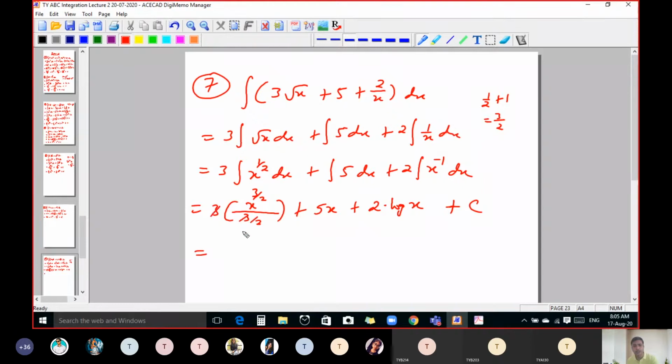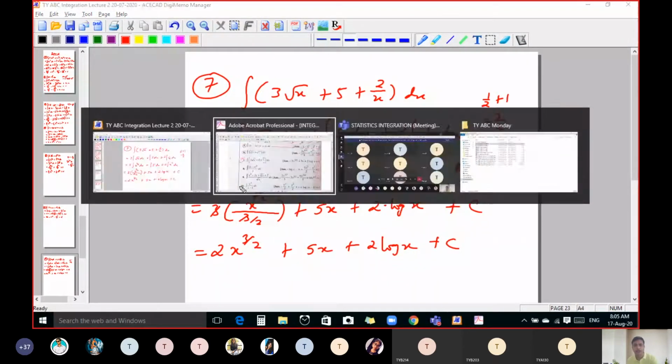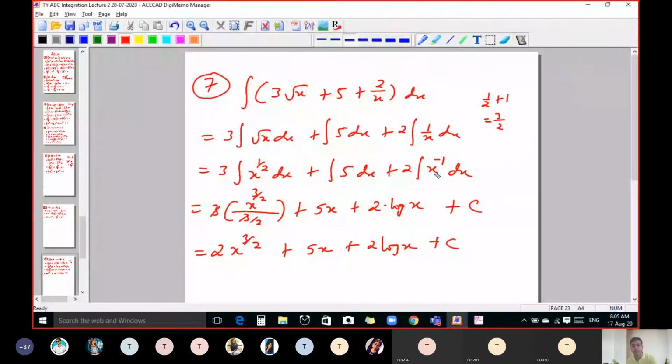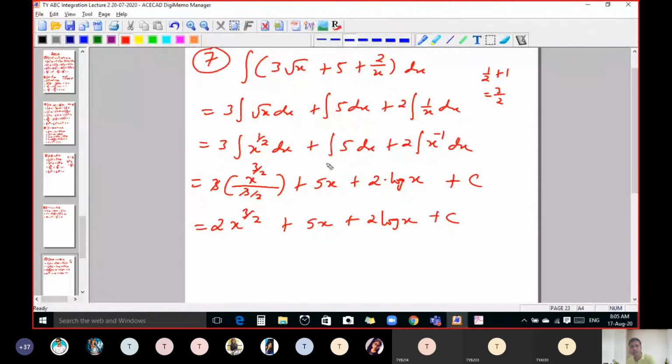So the ultimate answer is 2 into x raised to 3 by 2 plus 5x plus 2 into log x plus c. This is our final answer. So the answer for question number 7 is 2 into x raised to 3 by 2 plus 5x plus 2 log x plus c.